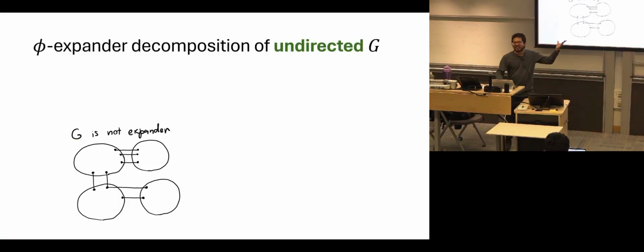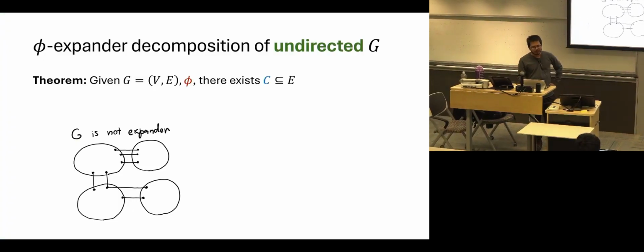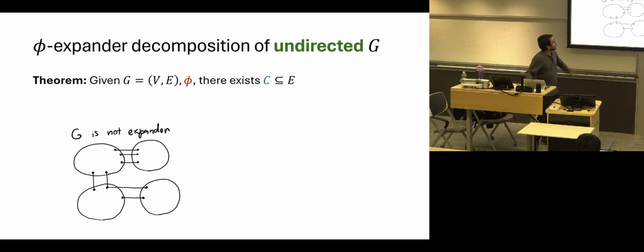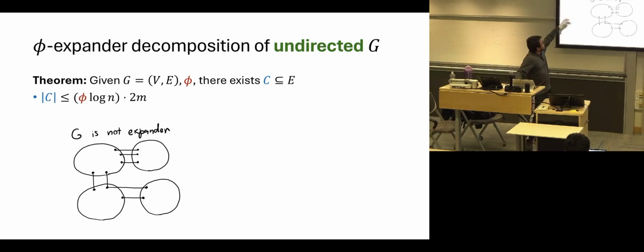Let's recall it in an undirected graph. You have some graph that doesn't look like an expander. Let's say this is a clique or something, and there's some sparse cut. It's not an expander, and you have a parameter phi. What does expander decomposition do? It finds some cut edges. The cut size is small, a small fraction of the graph.